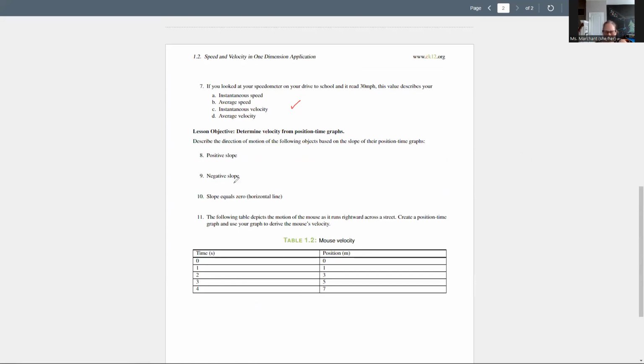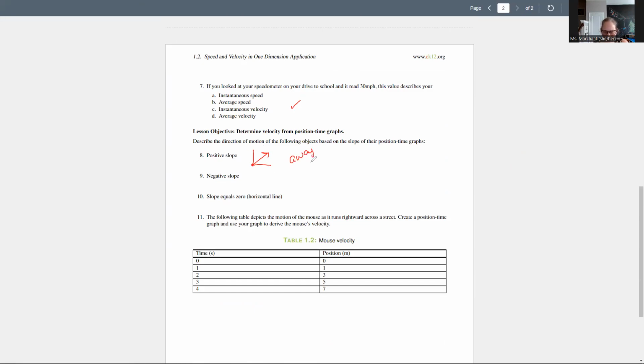Describe the direction of motion of the following objects based on their slope on the position time graph. So if you have a positive slope, we're going up like this. So what is happening? Okay, the motion is going away from the origin.